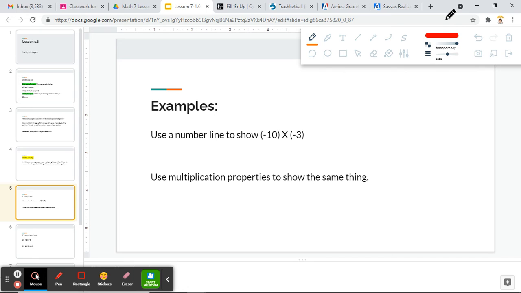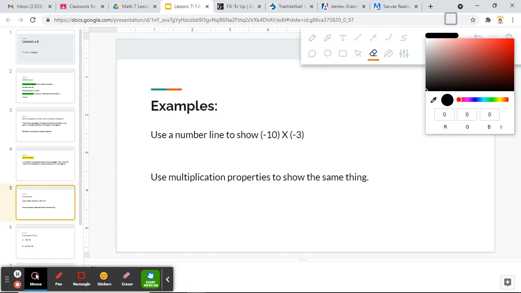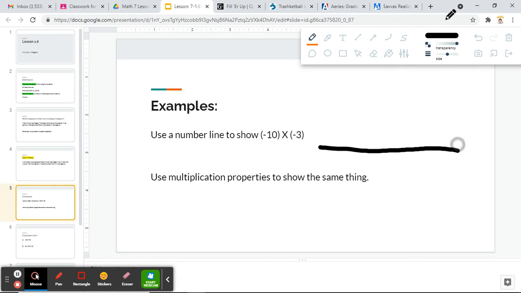Okay, so first one here, we want to use a number line to show negative 10 times negative 3. All right, I think on this one it's probably best to start with the multiplication properties and then the number line second. Or I guess we'll start with the number line here.